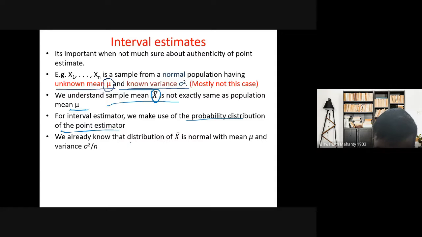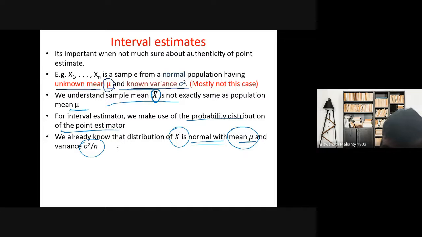We already know that the distribution of x bar will be normal with mean mu. Try to understand the x bar distribution. Why the x bar distribution? Because I may have different x bars. If I take 10 samples from the population, this 10, this 10, this 10, they will all be different. So x bar is also normal, with mean equal to the actual population mean, and the variance is sigma square by n.